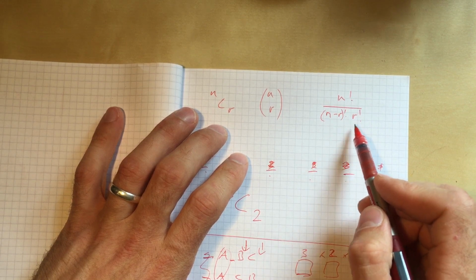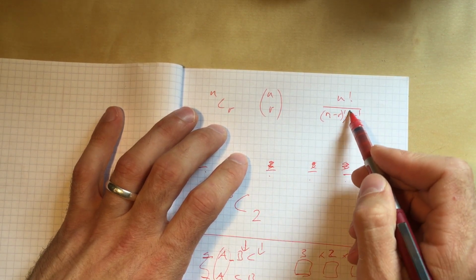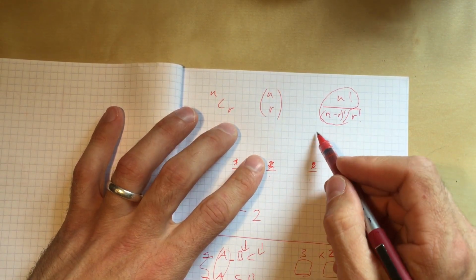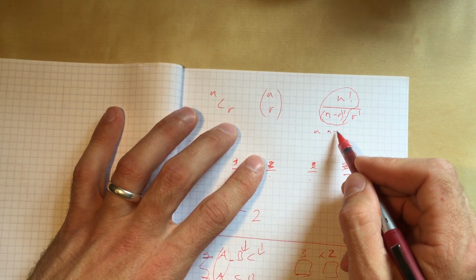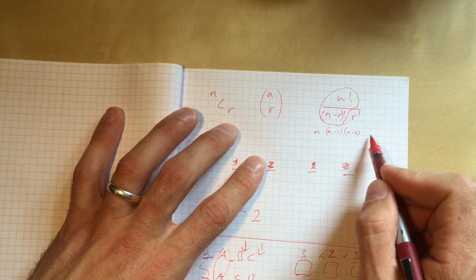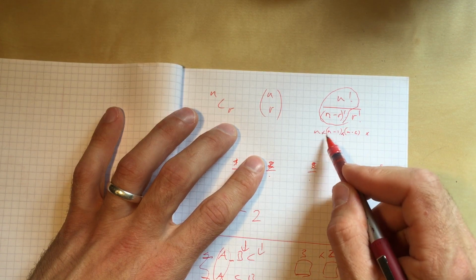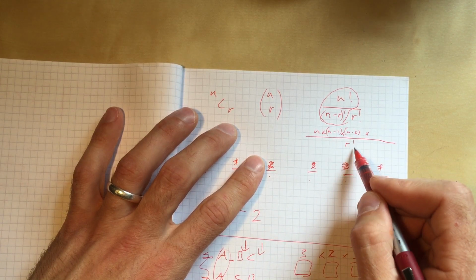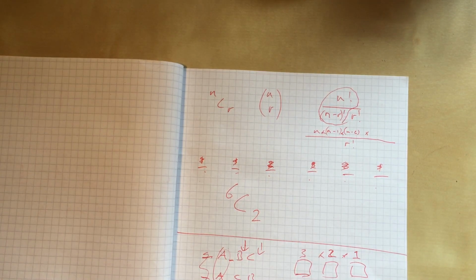N factorial over n minus r factorial. Remember that bit there just means start with n, write down n minus 1, write down n minus 2, keep going until you've got r things written in a row and times them all together, okay? Divide that all by r factorial, and that is the number you're looking for.